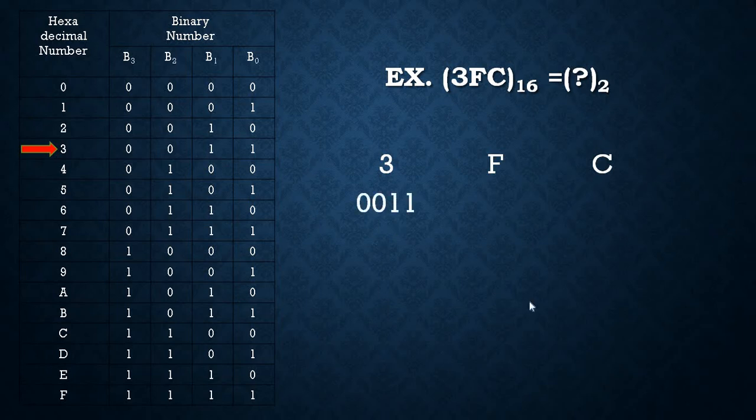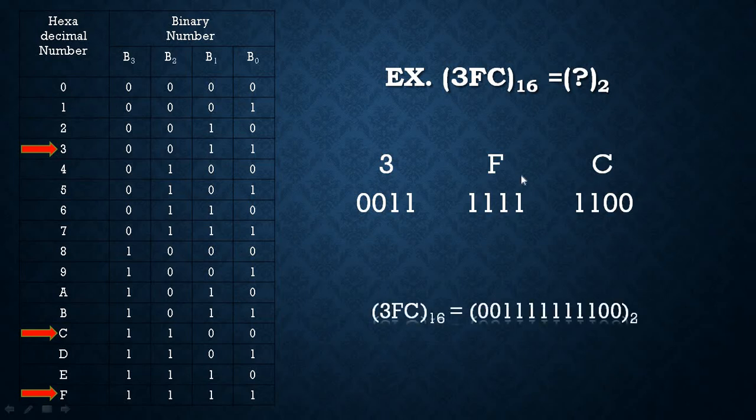For F we get the binary value 1111. We write it below the F. For C we get the value 1100. We write it here. Again we combine these binary numbers, so for 3FC to the base 16 the binary number is 0011 1111 1100 to the base 2.